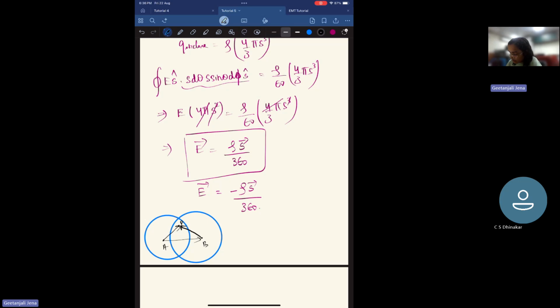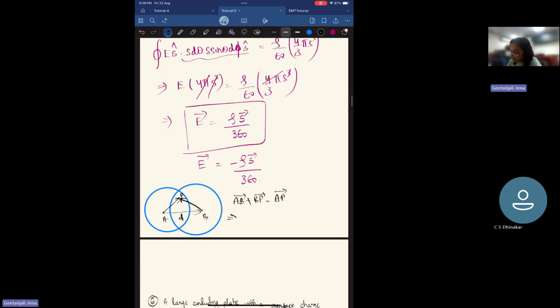And the distance between centers is given as d. From this figure, you can say AB plus BP is AP, right? So that means AB is AP minus BP. AB is given, which is d, so d equals AP minus BP.